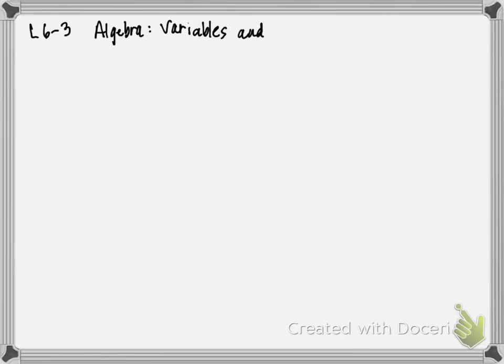Variables and expressions. So we're going to make sure we are all on the same page and understand all the material now. February! Yay! Okay, so what on earth do I mean by algebra? Algebra. Well, guess what?